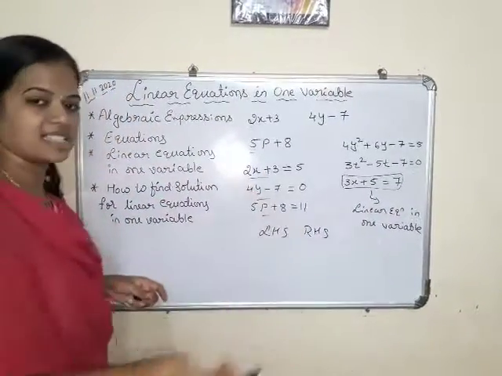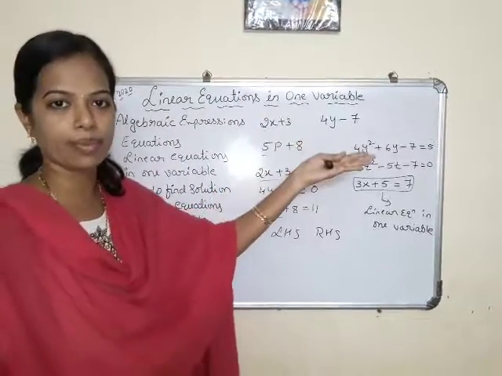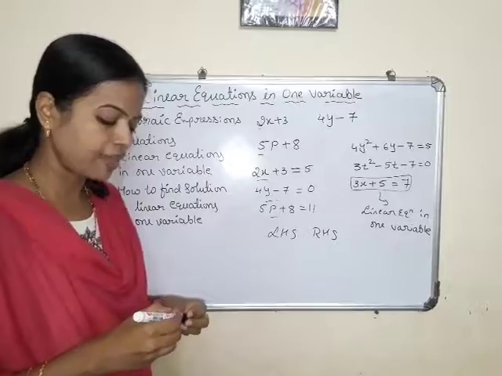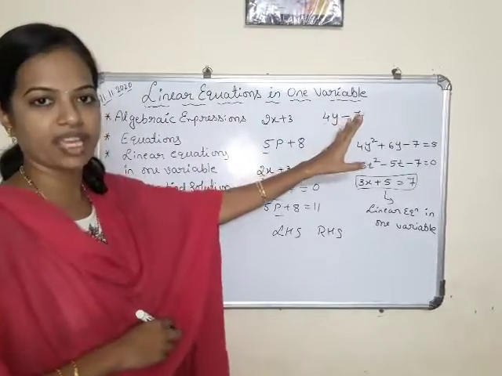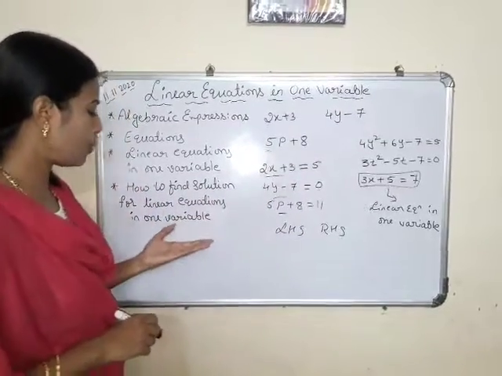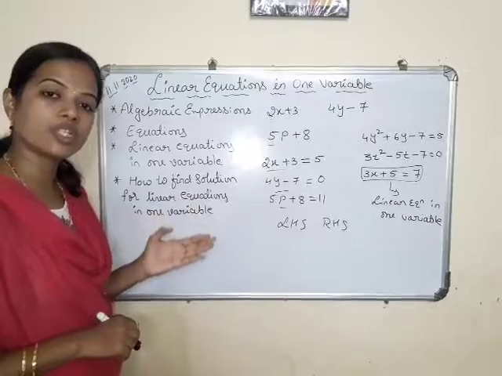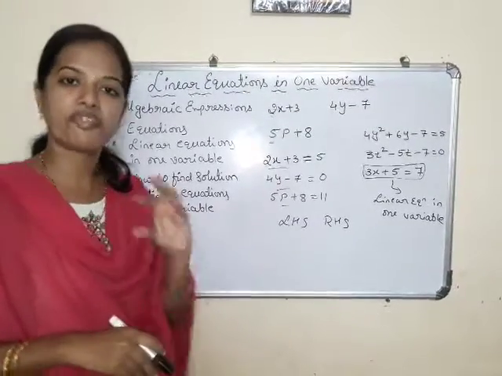In 9th and 10th standard, you are going to discuss linear equations in two variables and application problems. For 8th standard, we are going to study only linear equations in one variable and application based questions. Now let us learn how to find the solution for a linear equation in one variable. There are mainly 5 methods.